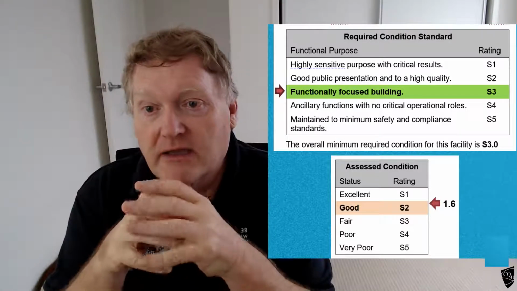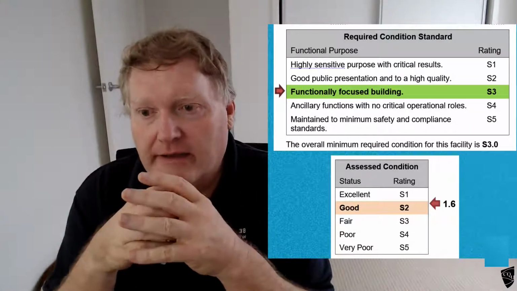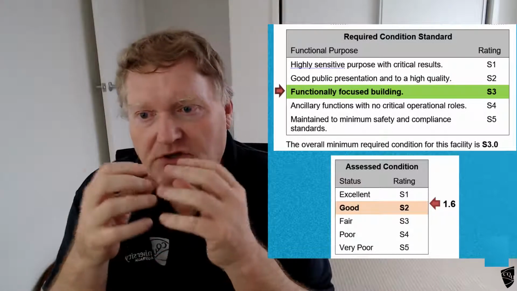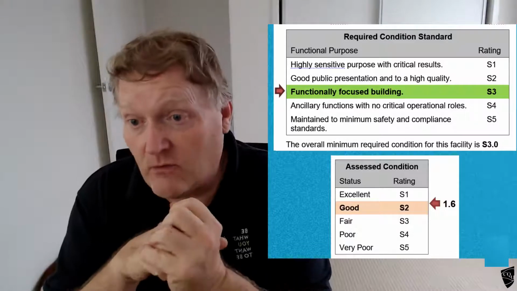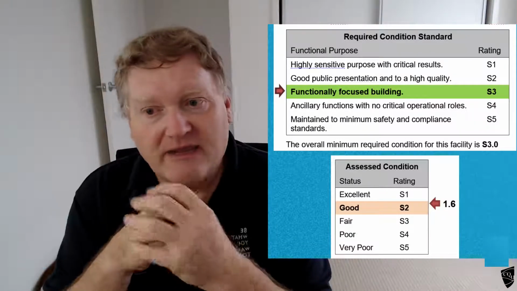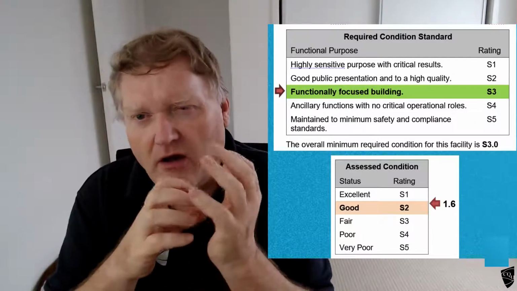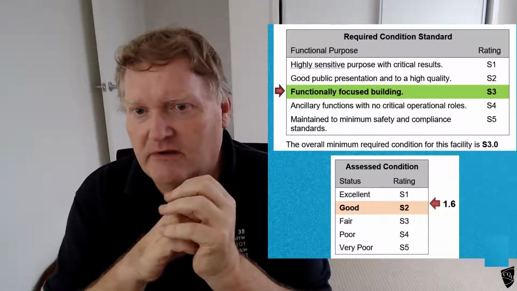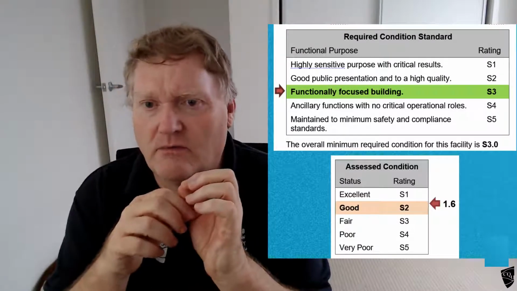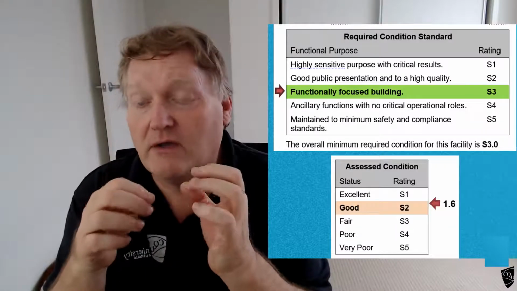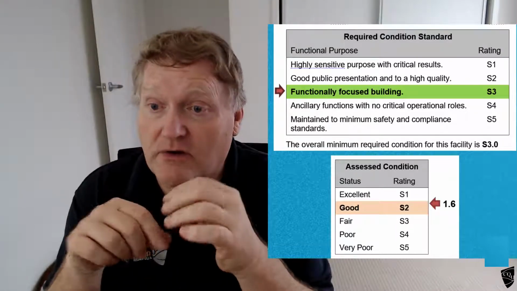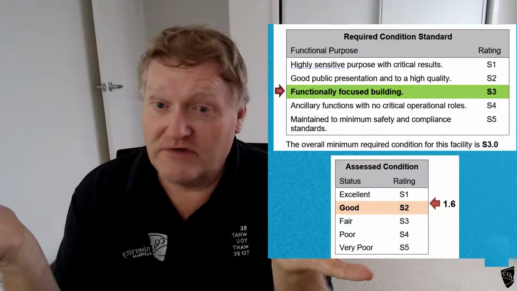But if you're looking at, say, a hospital, and especially the operating theatres or intensive care ward of a hospital, they would definitely be an S1. They are highly sensitive, and if anything goes wrong with them, imagine if the lighting went out or the air conditioning and filtration went out in an operating theatre during an operation. Critical results, as it says.